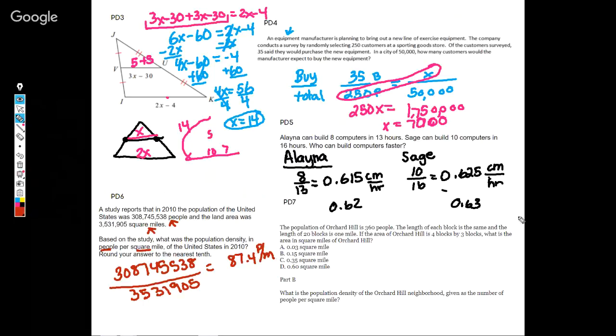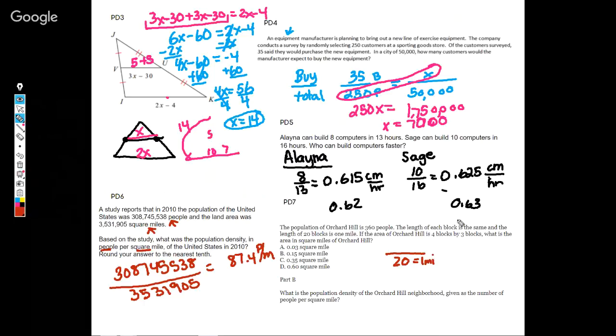The population of Orchard Hill has 360 people. Okay, this is a good one to end on. It's tricky. The population of Orchard Hill is 360. The length of each block is the same, and the length of 20 blocks is 1 mile. So we know that 20 blocks equals 1 mile.